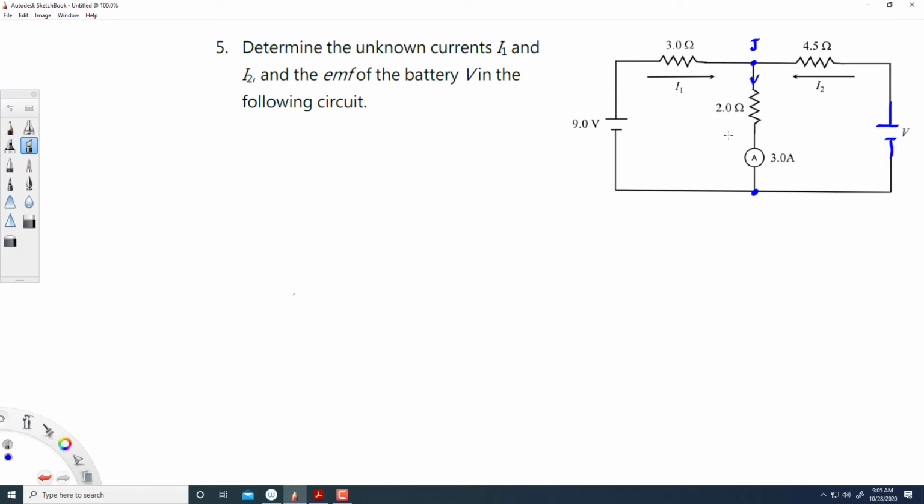The first step, the junction rule, is that total current in is equal to total current out. So total current in is I1 plus I2. Total current out is this one, 3 amperes.